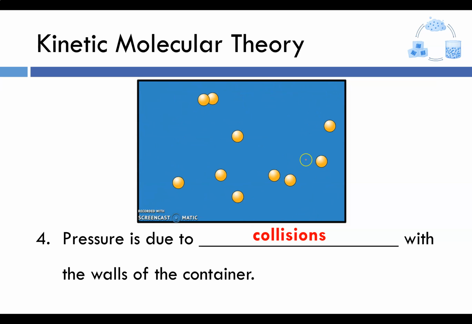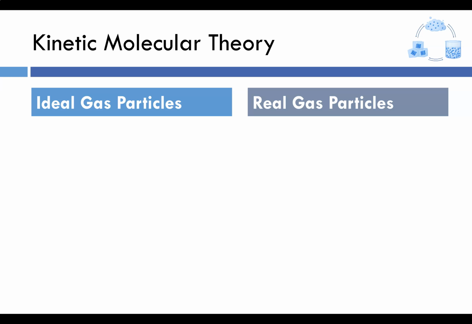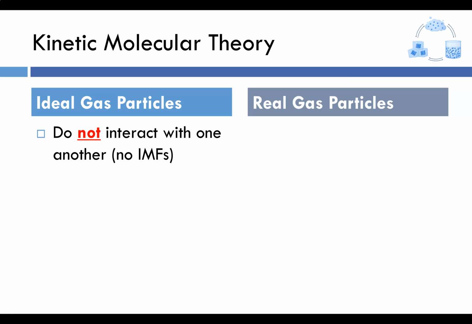So that does it for the KMT. Let's talk about what it means and the implications of the kinetic molecular theory. We're going to compare ideal gas particles to real gas particles. Ideal gas particles are not going to interact with one another. We see no intermolecular forces.